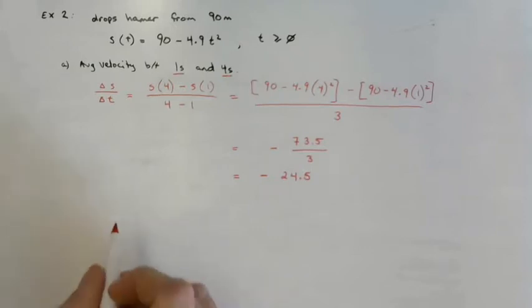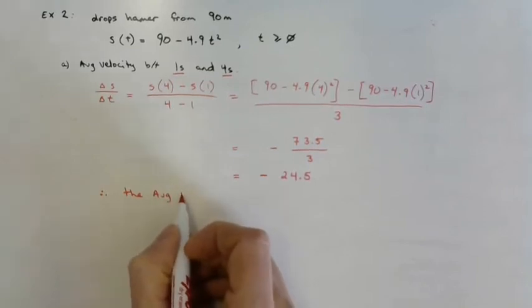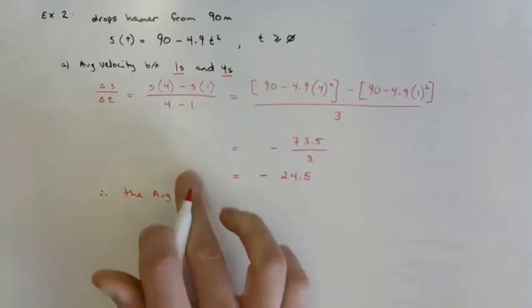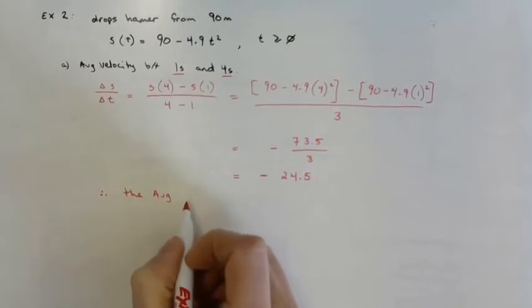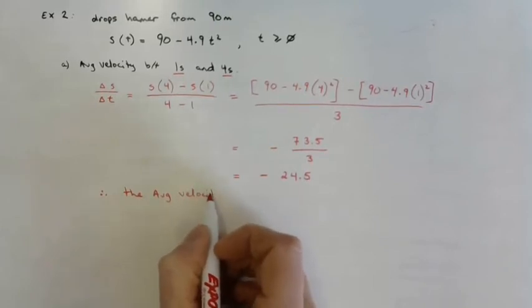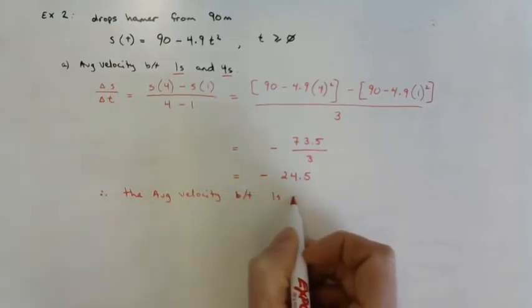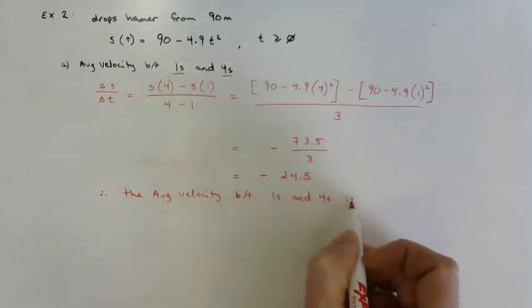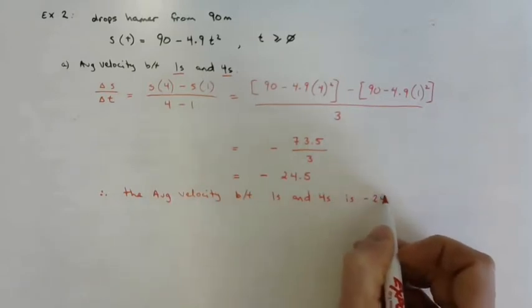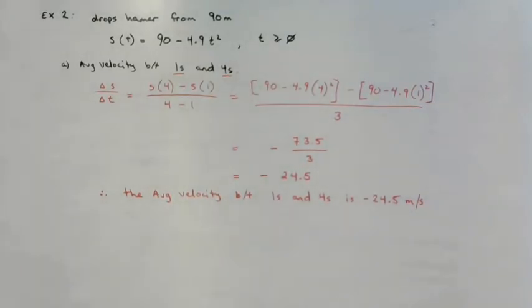Statement, therefore, the average rate, the average velocity. So we would say average rate of change of height, but the rate of change of height is velocity. So the average velocity between 1s and 4s is negative 24.5 meters per second. So again, that's velocity, which is kind of like speed. What does the sign indicate?